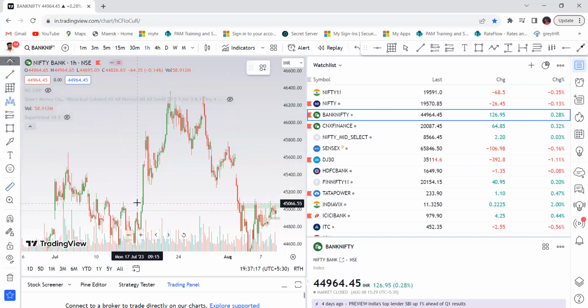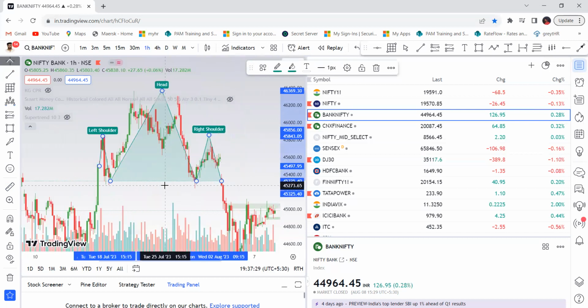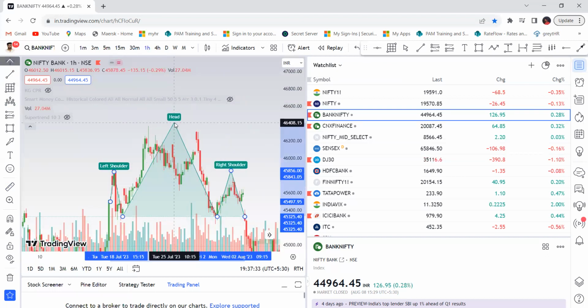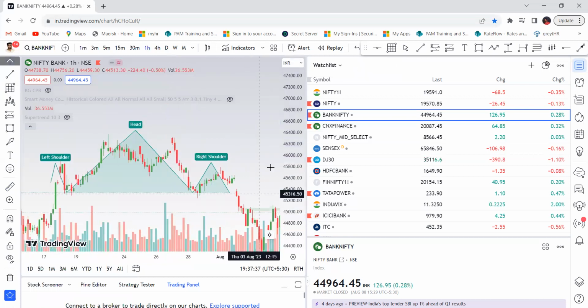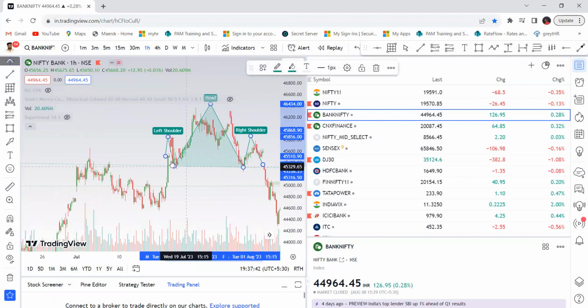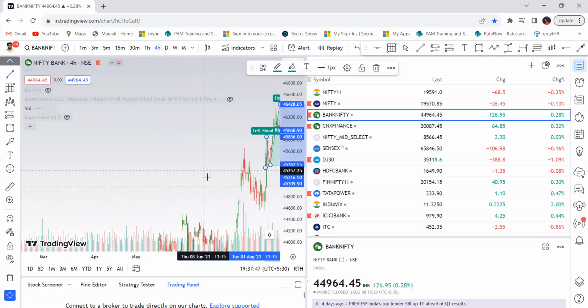Okay. So this is how it looks. Bank Nifty has formed the head and shoulder pattern earlier. Let's check in 4 hours.